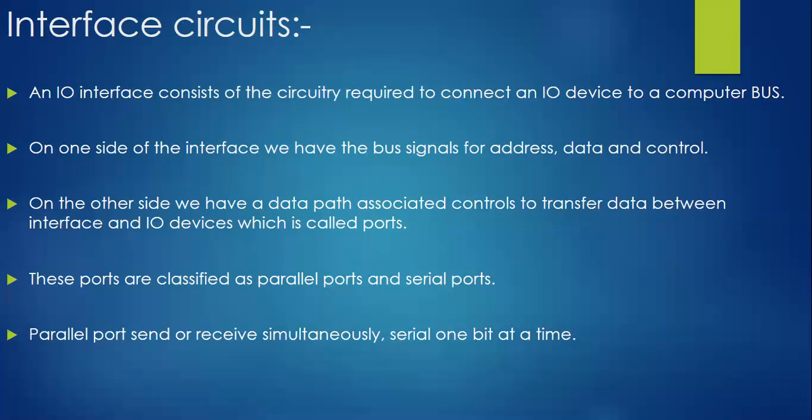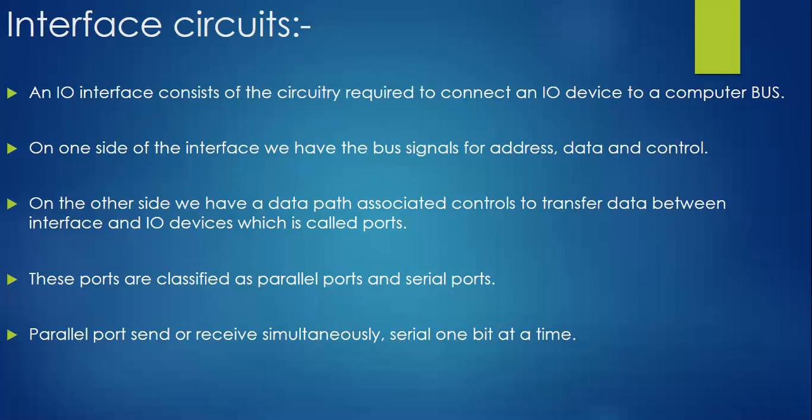On the other side, we have a data path with associated controls to transfer data between the interface and IO devices, which is called ports. So in between the IO device and the bus cable or its control lines, some control circuit associated with the data path is present.